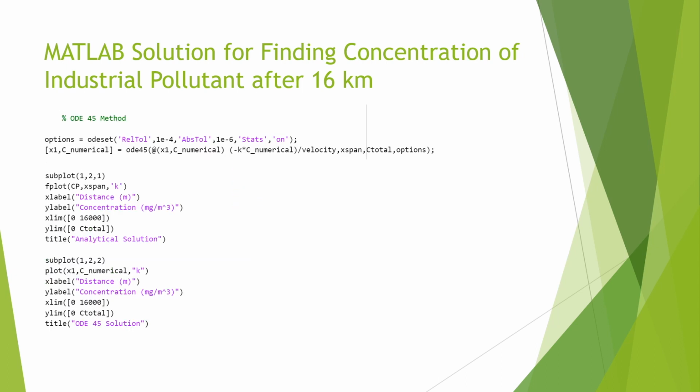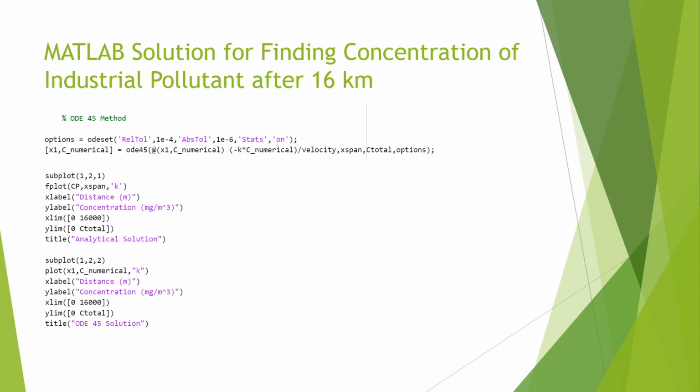In addition to an analytical solution, we also solve this through ODE45, which is seen in these first two lines of code. All these terms are pretty constant if you ever use ODE45, so you have to set your options, which does an ODE set for your solution, and then you define two variables that you'll be using in your ordinary differential equation, which are x and c.